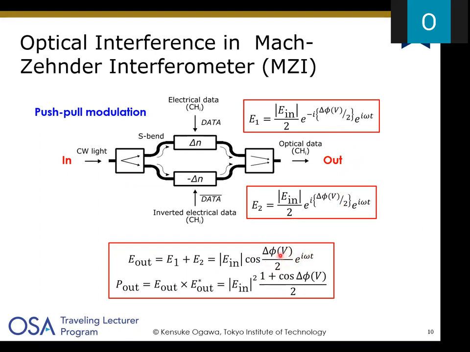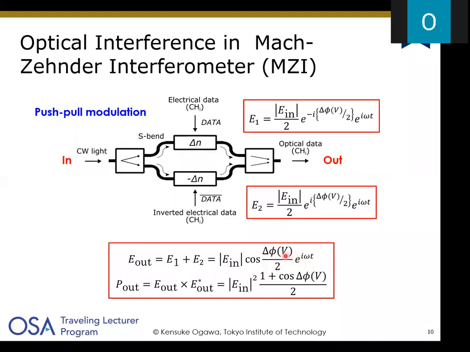If you change the voltage, you have a change in optical phase. For example, with zero voltage there is no difference, and the cosine of zero gives you just one, so a constructive interference. But if you apply a voltage to generate a half pi, 90-degree difference in optical phase, this term is zero, so you don't have any output.